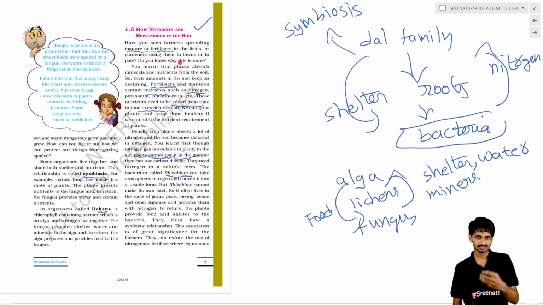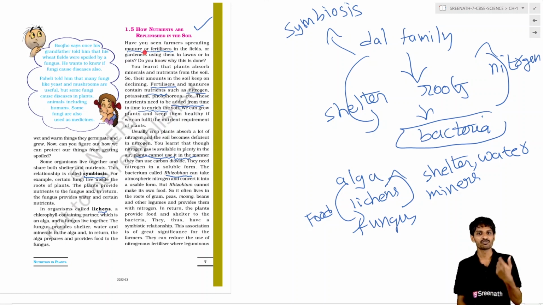But plants are absorbing the nitrogen from soil. Then what happened? The nitrogen content in the soil will be decreased, so that another time plants cannot grow, plants cannot prepare food. So how can we replenish the nutrients in the soil?